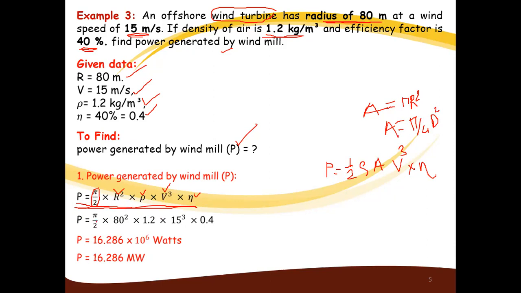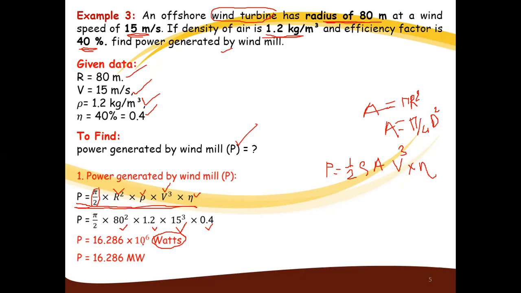So pi by 2 into 80 square, radius is 80, density is 1.20, then velocity, wind speed, is 15 meter per second cube, and this is 0.4. So that comes in watt. Therefore it is 16.286 into 10 raised to 6 watt.